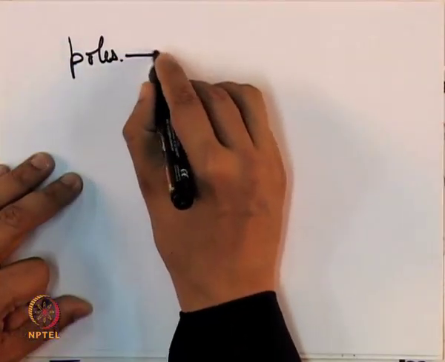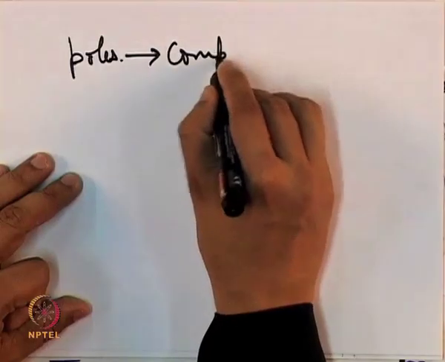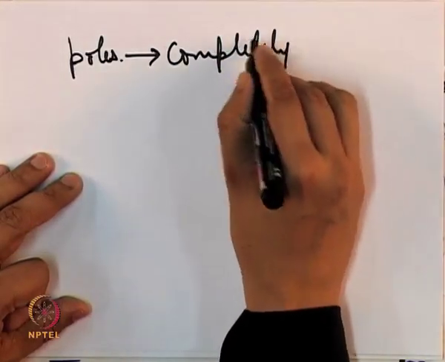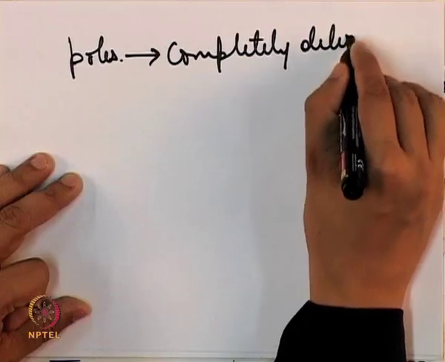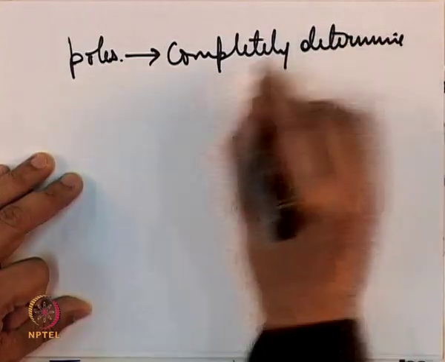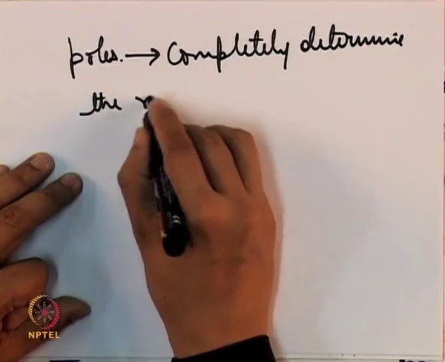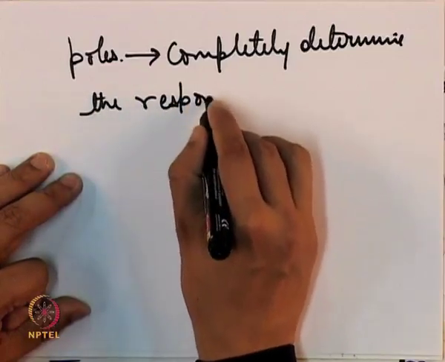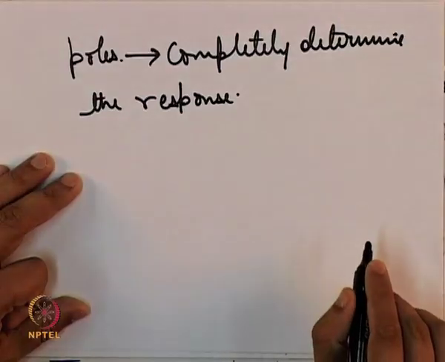So, in other words, the poles of a system completely determine the response. Okay.